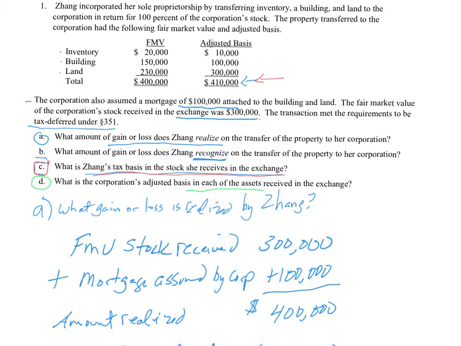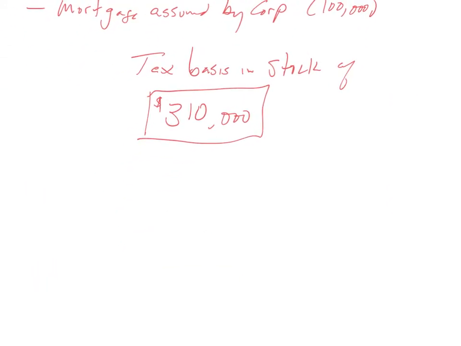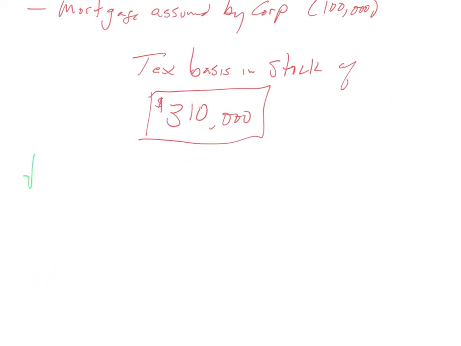Now we're looking at it from the corporation's point of view, and we have to figure out the adjusted basis in each of the assets. Let's get set up, and then we'll come back up for more information.